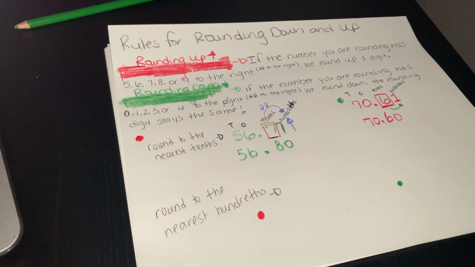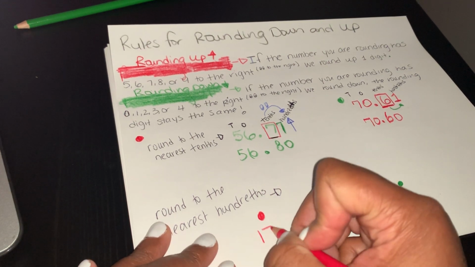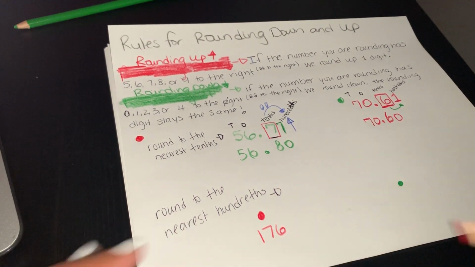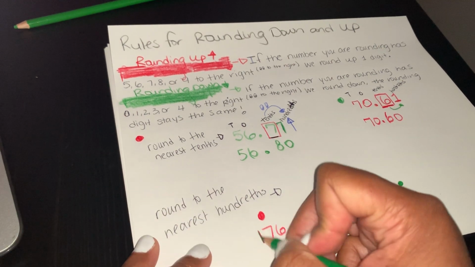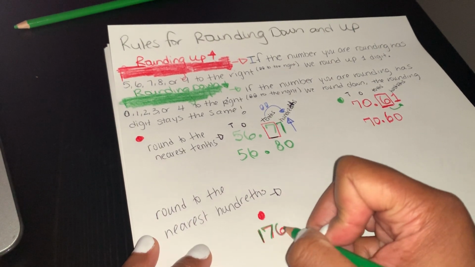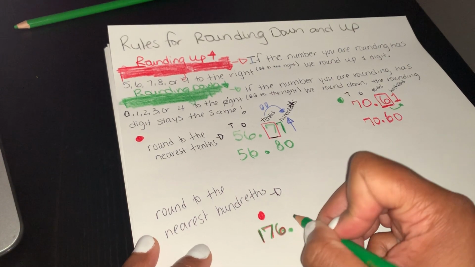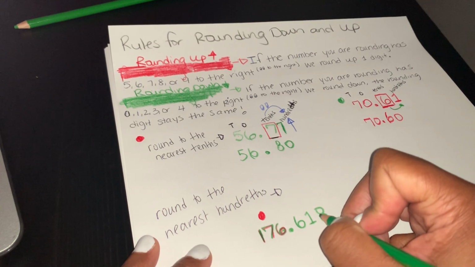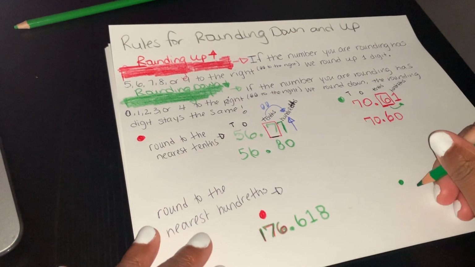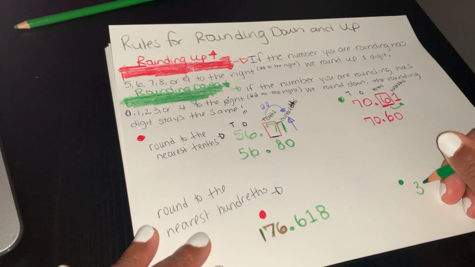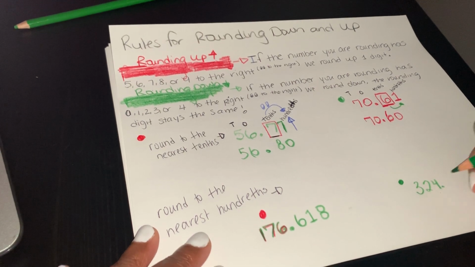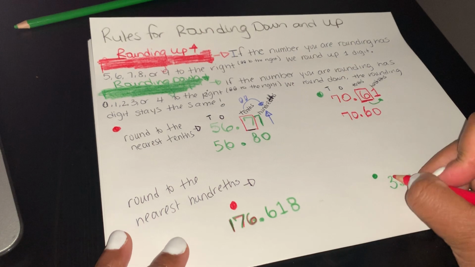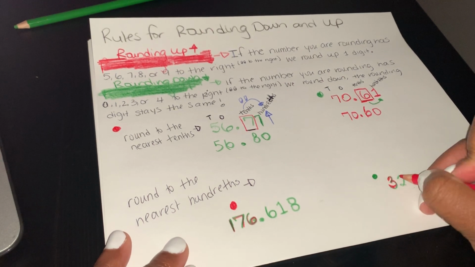I want to pick a number. Oops, I should have done that in green. Sorry, guys. Okay, for rounding up. Oh, guys, you're not reminding me to do it in the right colors.